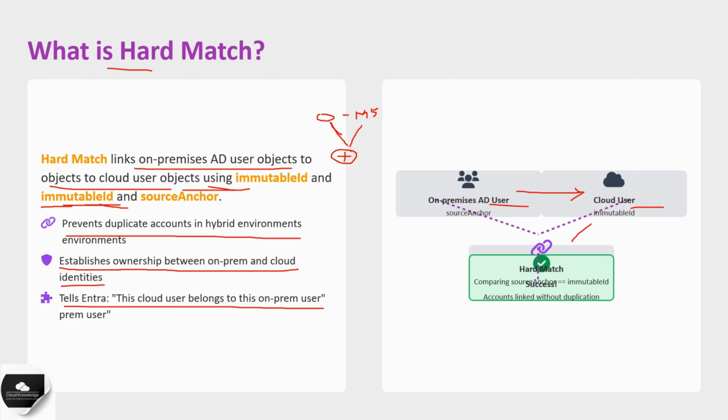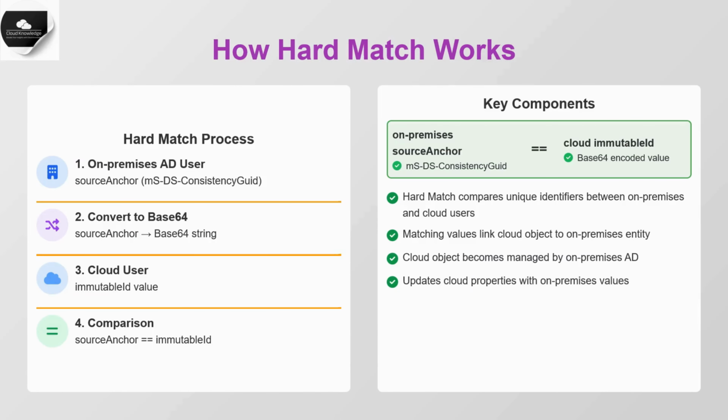Moving forward, how does a hard match work? We need to check our source anchor in the new AD Connect, which is the ms-DS-ConsistencyGuid. You can change or customize it manually. Previously it was the object GUID, but now we are using the ms-DS-ConsistencyGuid.